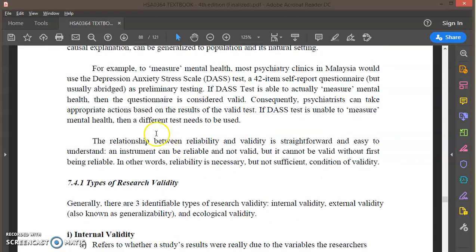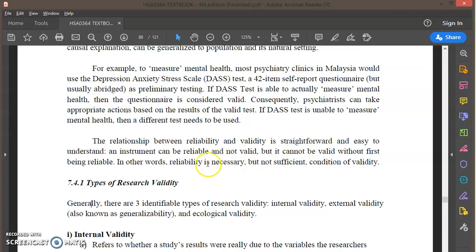Right, and then we'll look at the relationship between reliability and validity. So it says here that the relationship is straightforward and easy to understand. How is it straightforward? It says here, an instrument of research can be reliable but not valid. But an instrument cannot be valid without first being reliable. Right?